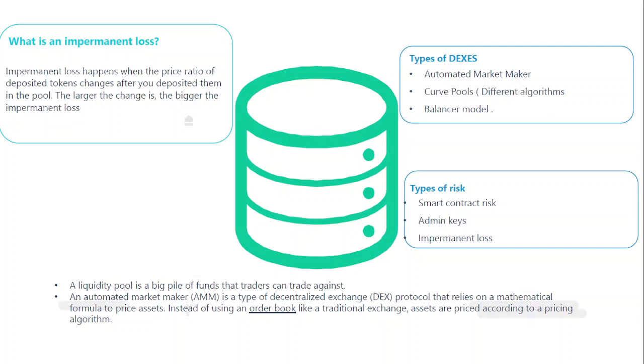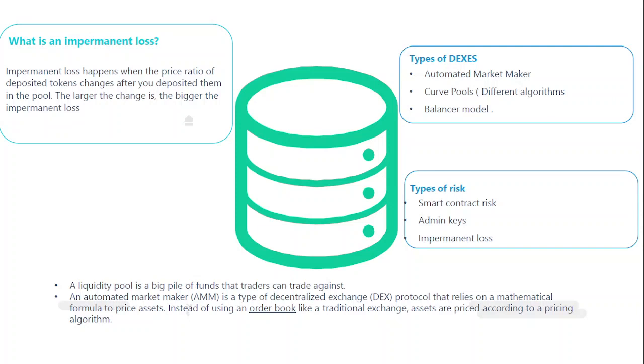An automated market maker is a type of decentralized exchange that relies on algorithms. It works similarly to an order book exchange, but there's always a constant flow of a pool of funds that traders can trade with.